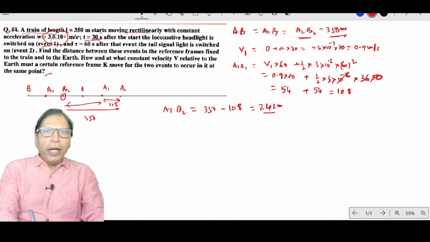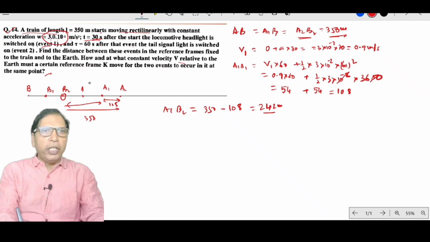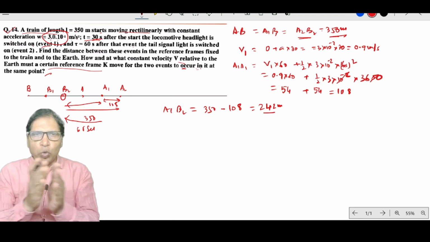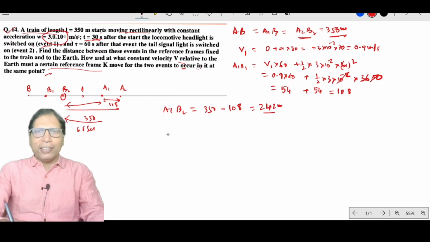Now, with what constant velocity v relative to the earth must a certain reference frame K move for the two events to occur at the same point? Now, the reference frame moves from A1 to B2 in the same time interval, that is 60 seconds, so the reference frame observes that two events occur simultaneously.